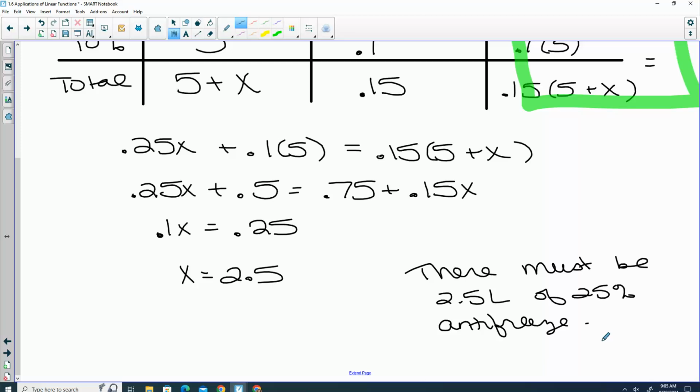Remember, I told you, you always have to have that sentence at the end. And I want a full sentence. Don't just say 2.5 liters and box it in.